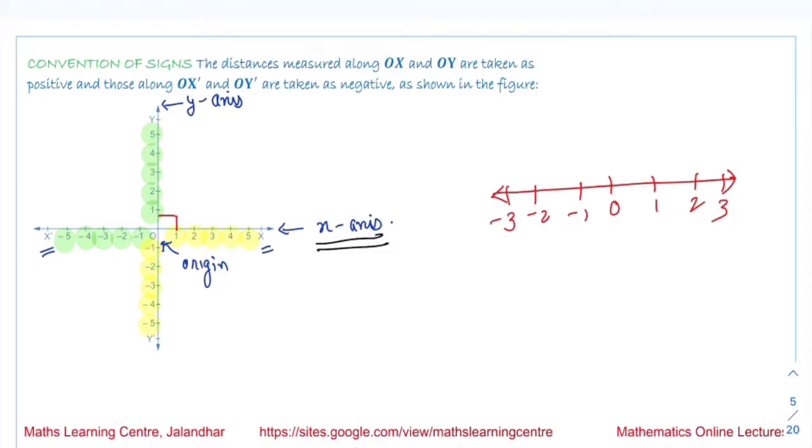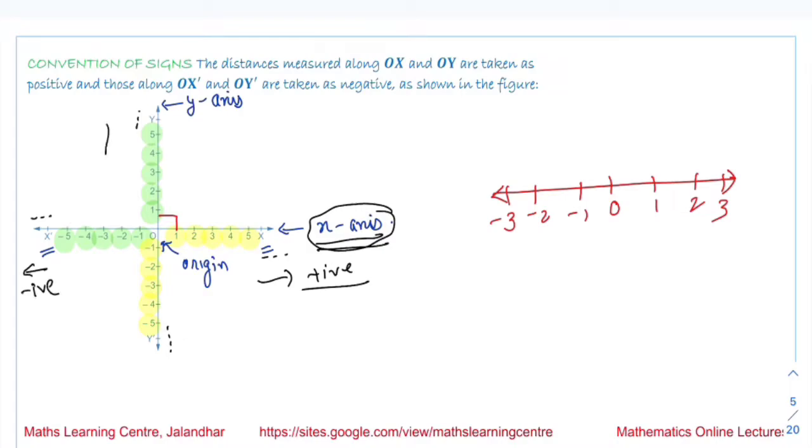It is not like this ends over here. It keeps on going like this. So basically you can find minus 7, 7, 10, whatever you want, on the x-axis as well as on the y-axis. You can mark these points. So what we are saying, on the x-axis, on the right hand side we have marked the positive numbers, on the left hand side we have marked the negative numbers.